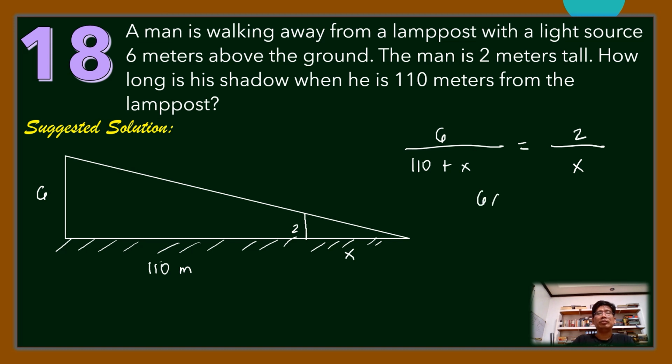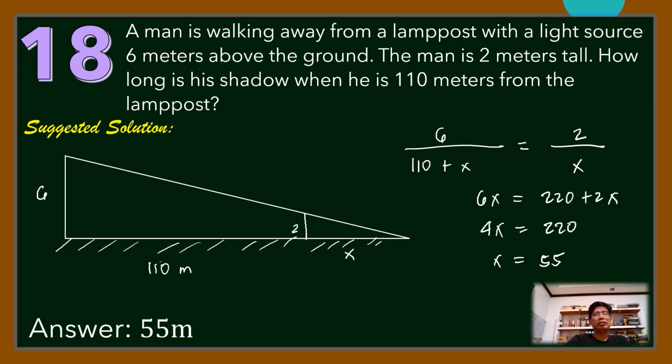Cross multiplying, we have 6x is equal to 220 plus 2x. So we have 4x, subtracting 2x from both sides, is equal to 220. Then x is equal to 55. Therefore, the shadow cast by the man when he is 110 meters away from the lamppost is 55 meters.